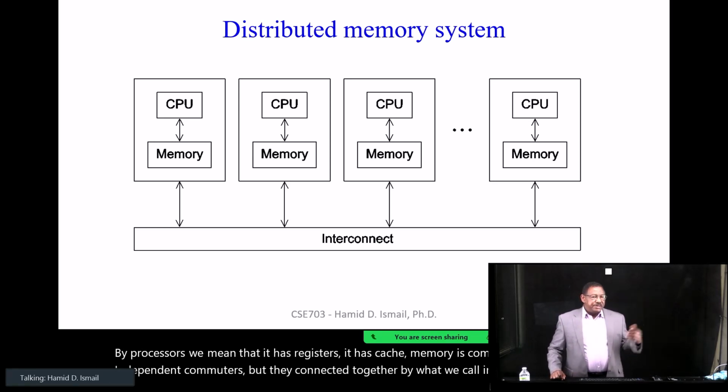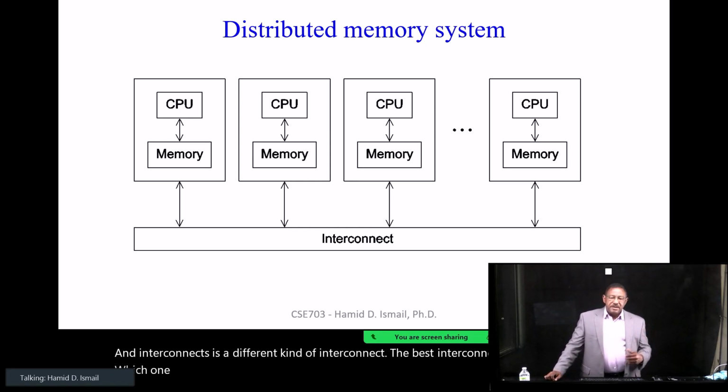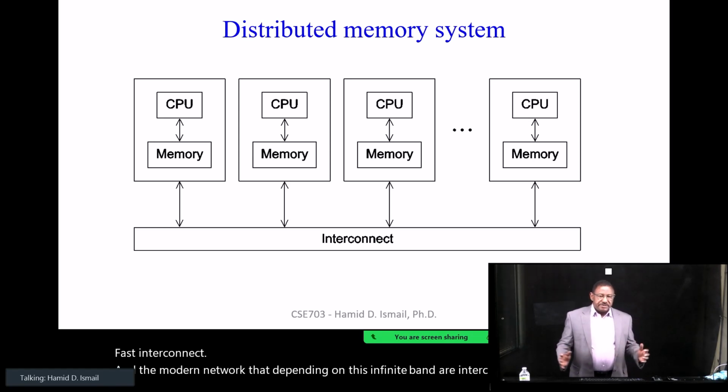And there are different kinds of interconnect. The best interconnect now is InfiniBand, which is the fastest interconnect, and modern networks depend on this InfiniBand interconnect to create what we call computer clusters.